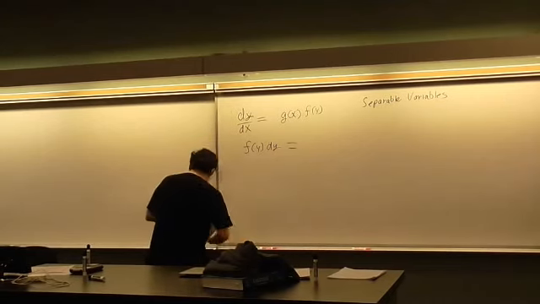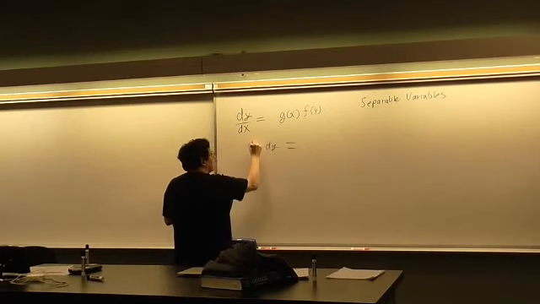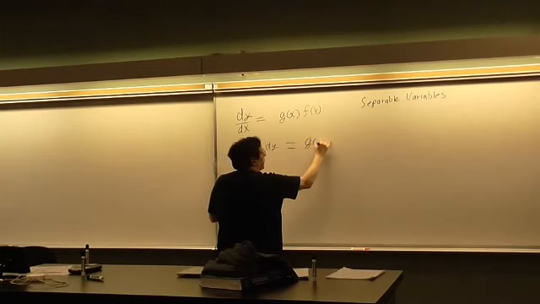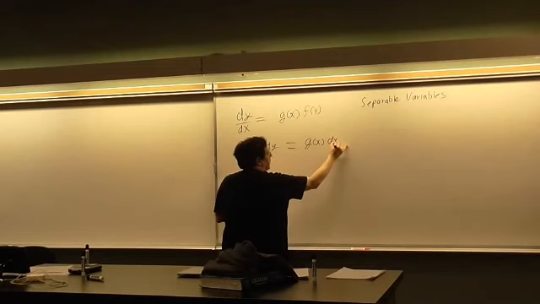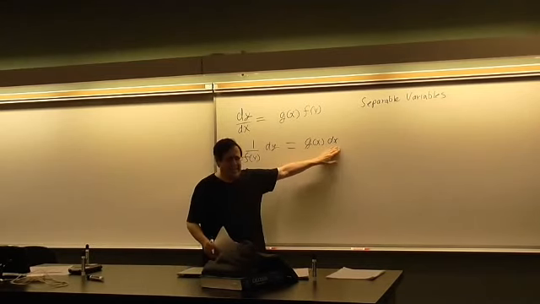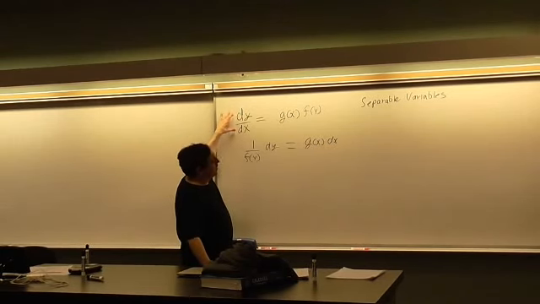Now, the way we go about this is we perform kind of a sleight of hand that the notation tells us we can do. What we do is we put the y's on one side and the x's on the other. So, 1 over f of y dy equals g of x dx. Now, I say this is a sleight of hand because, again, these are not components of a fraction. These are not numerators or denominators.